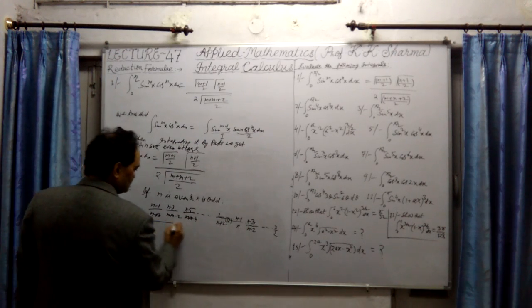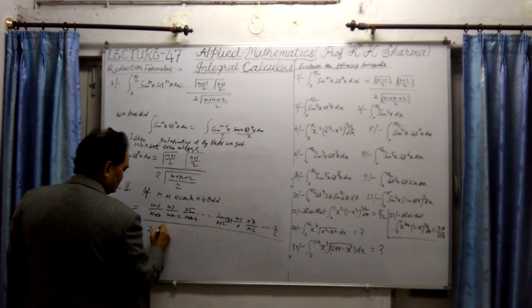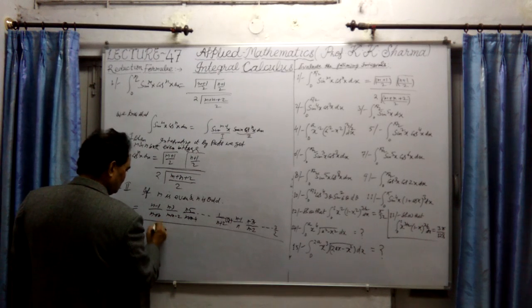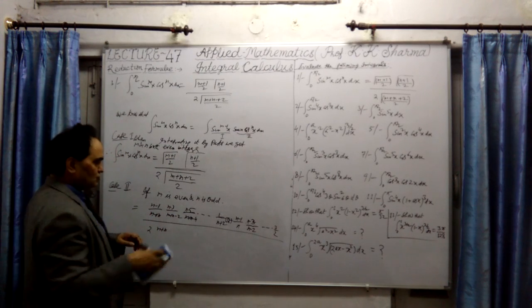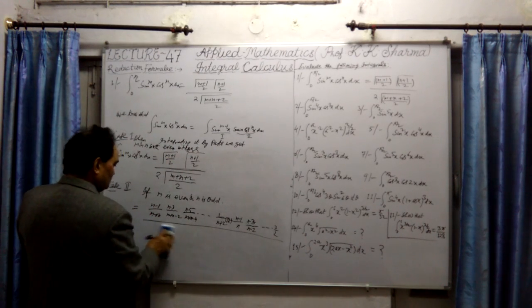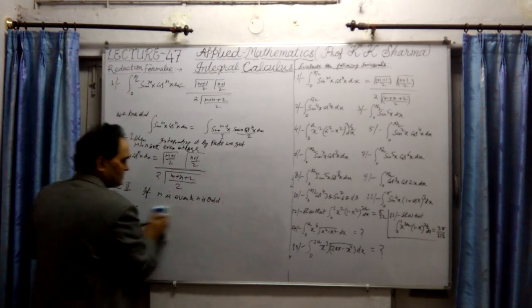So in case of an odd function, in the end here it is m plus n upon 2. If I divide each term by this m plus n upon 2, the same value will be obtained. So this is the same function.